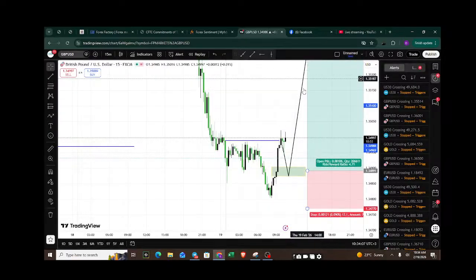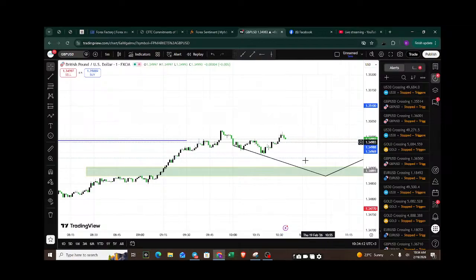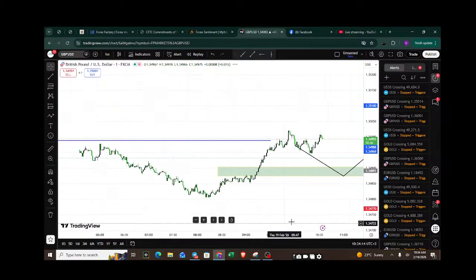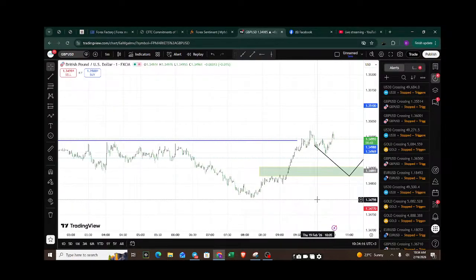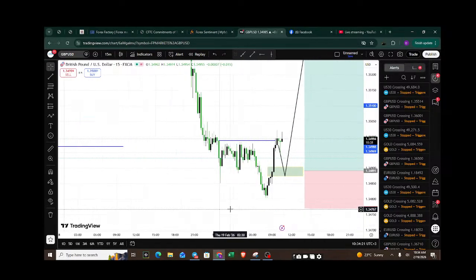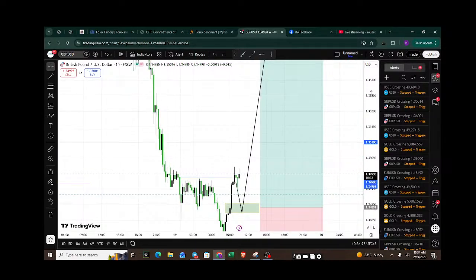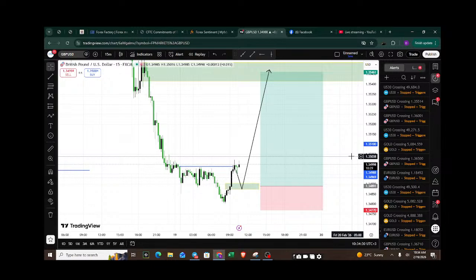And when there's a break of market structure, there's a possibility that price will give us an entry to the upside very easily. Very, very easily. So we just have to be patient a bit and maybe get what we want. But eventually, price is going to get to where we are anticipating it to get to.